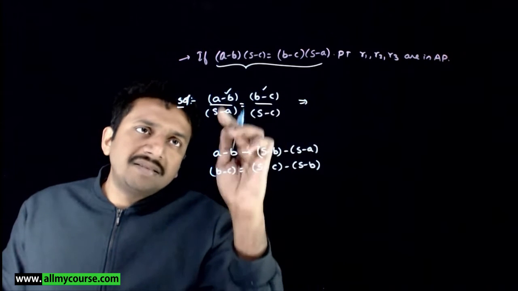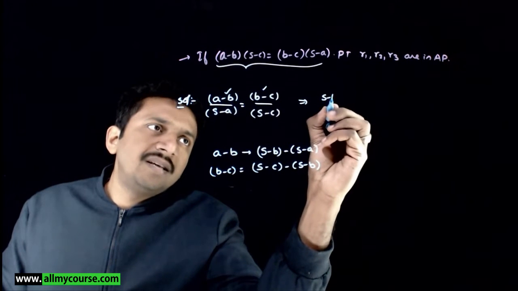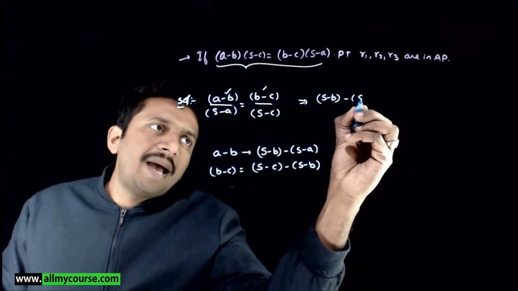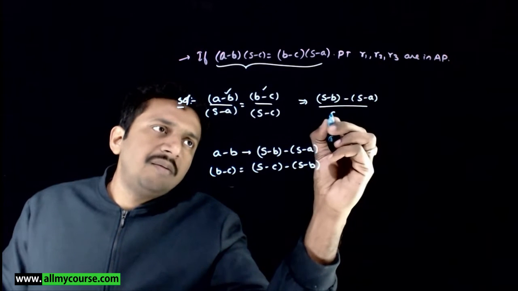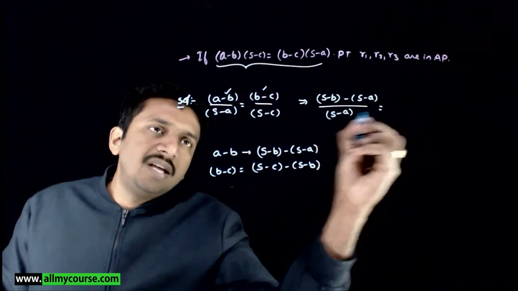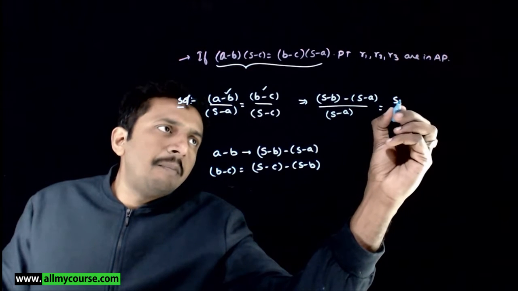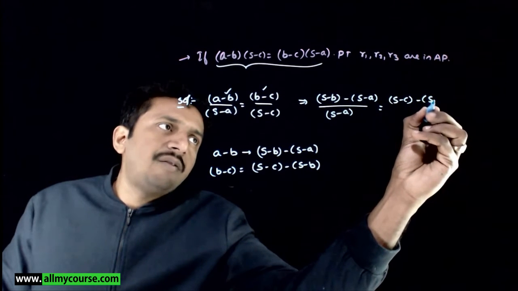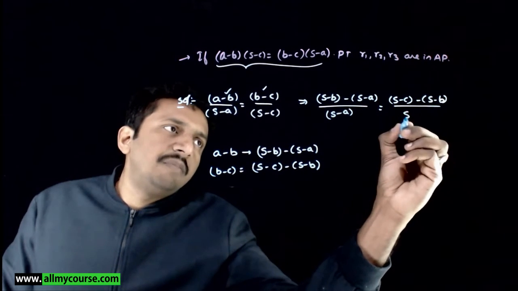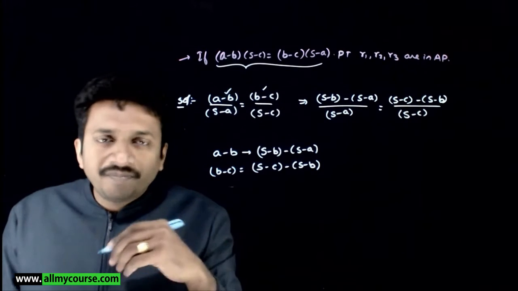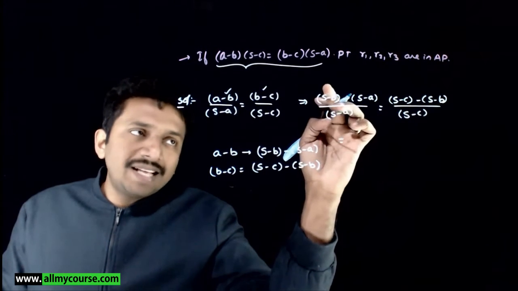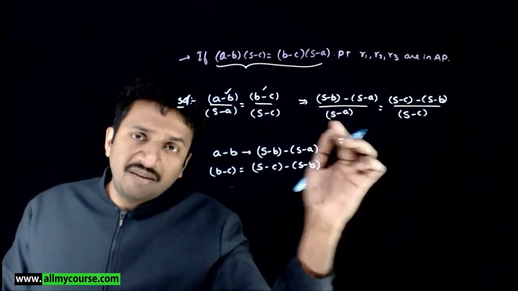So this implies a minus b can be written as [(s minus b) minus (s minus a)] by (s minus a) is equal to [(s minus c) minus (s minus b)] divided by (s minus c). That is equal to (s minus b) by (s minus a).